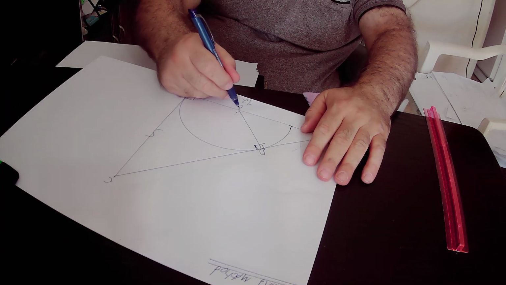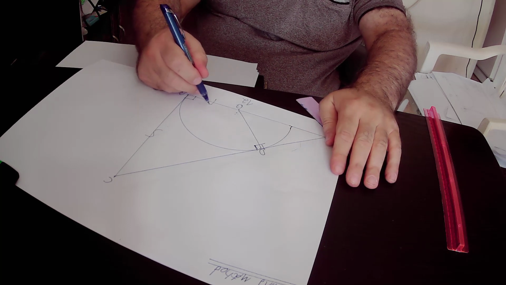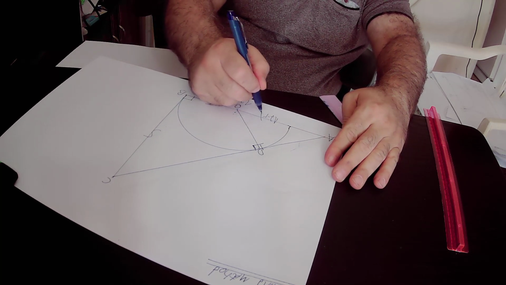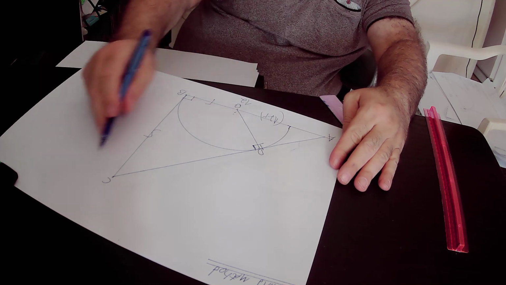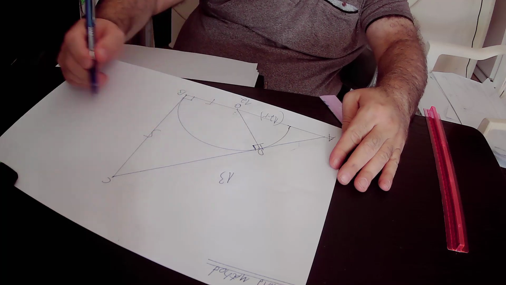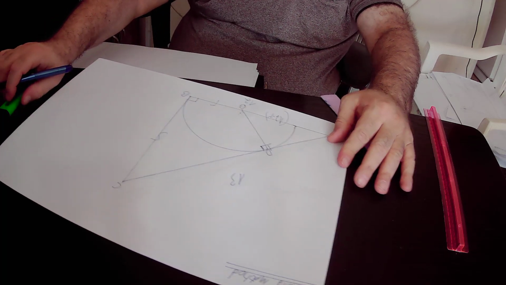Here it is OB. OB equals R. AO equals 12 minus R. AC, the hypotenuse of triangle ABC, equals 13 units.